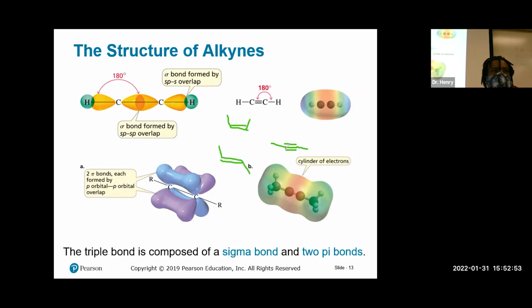Okay, so we have these three structures. We have, say, 1, 2, 3, 4. So this guy would be cis or trans. Cis what?